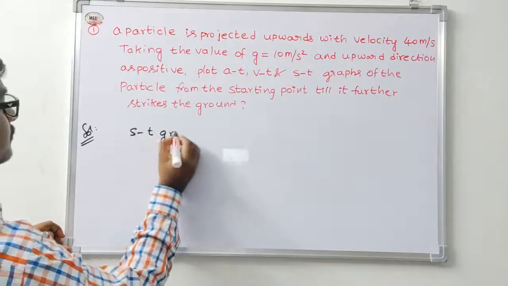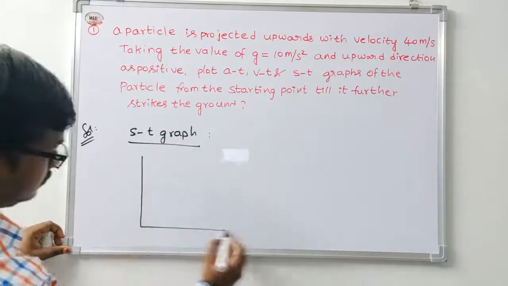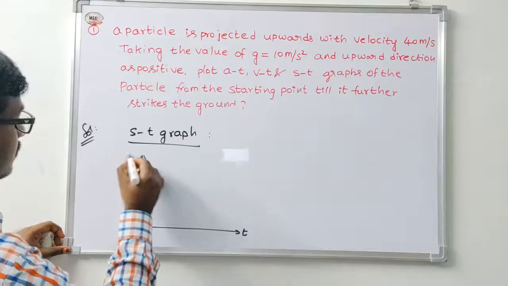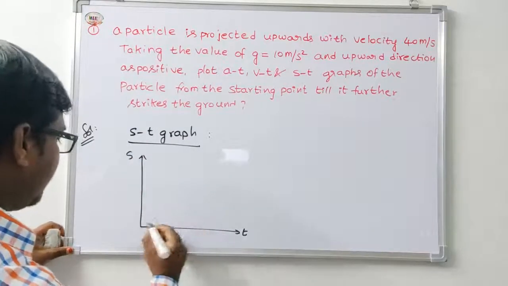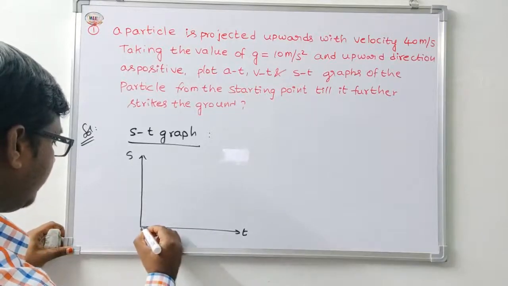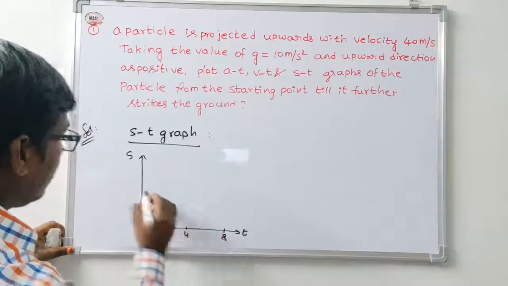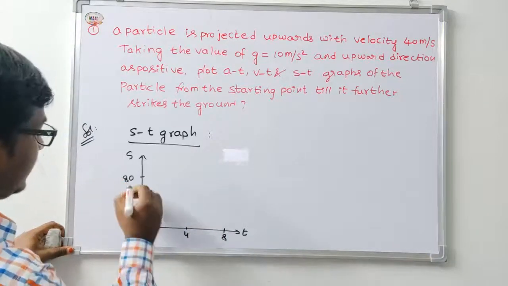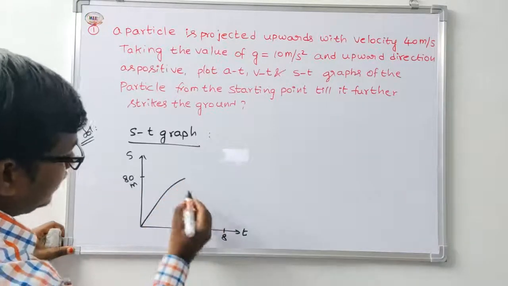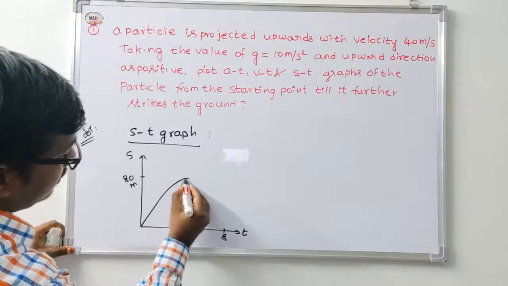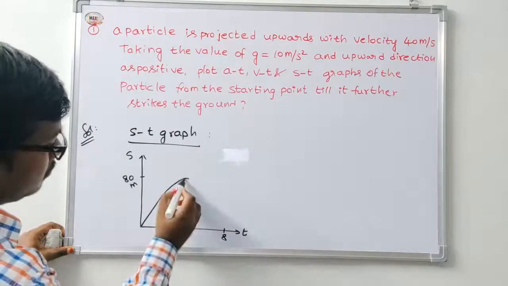First the displacement increases in the forward direction up to the maximum height, that is 80 meter. Then the displacement decreases from 80 to 0.